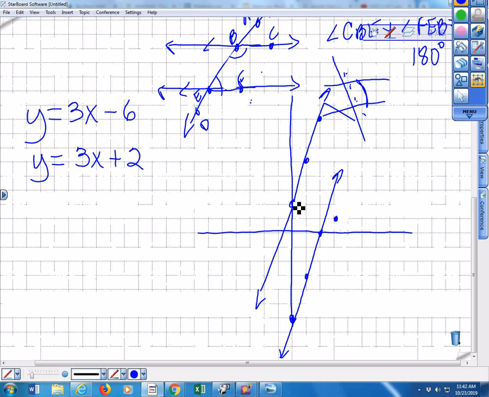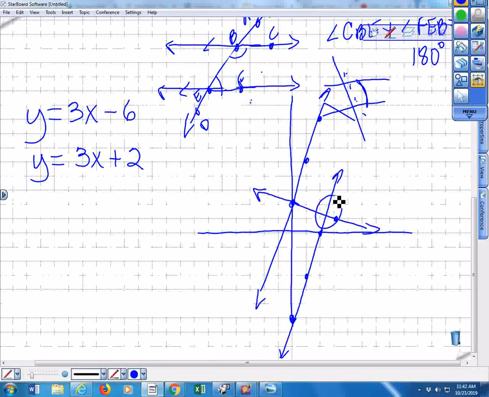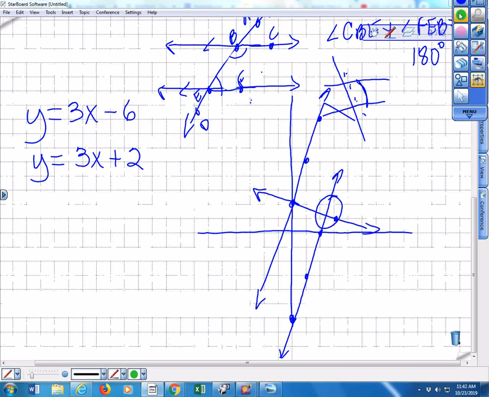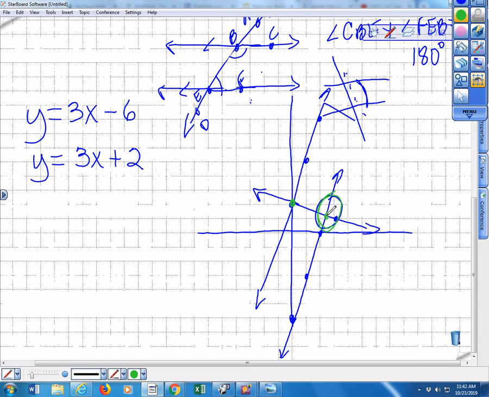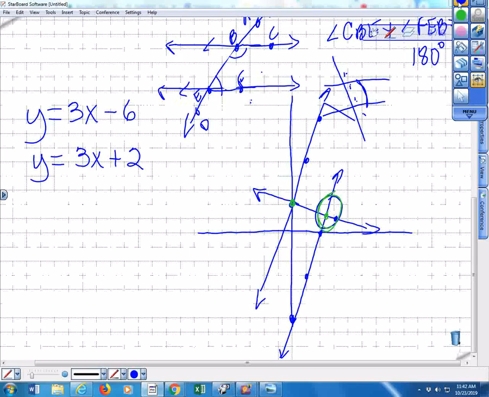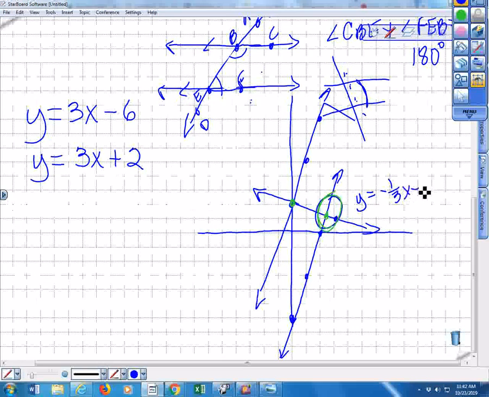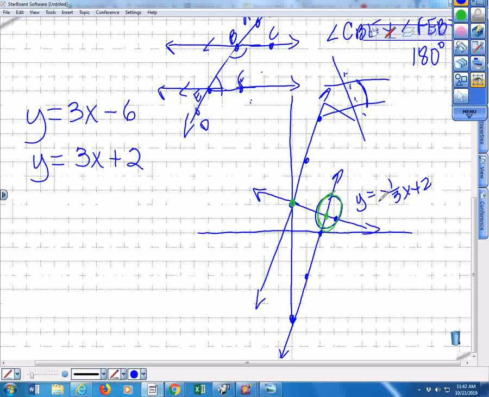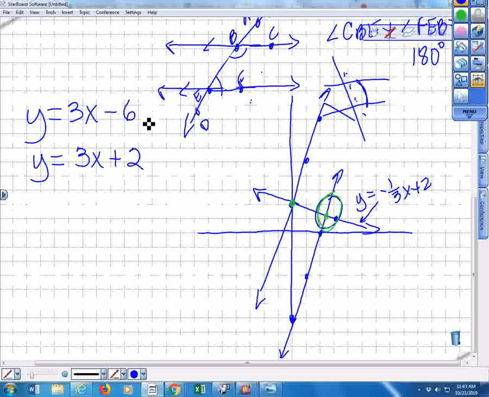So it's -1. I'm looking for the intersection here, because I know the coordinate here, but I need this point. So the equation of this line is y equals -1/3 x plus 2. The equation of this line is the one that has the y-intercept at -6.